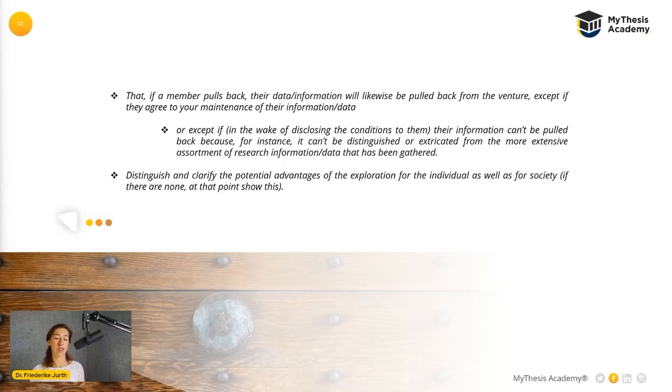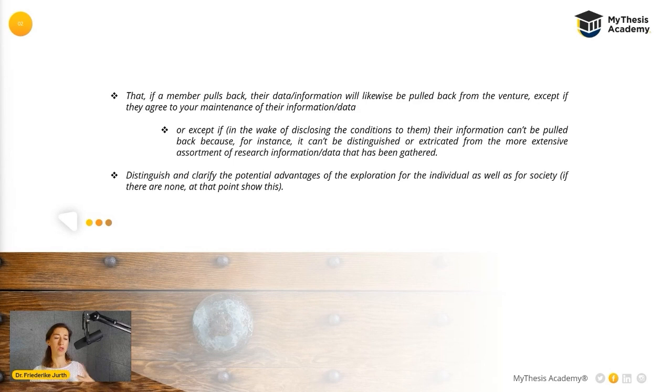Here we are dealing once again with the question of pulling back, because this is really one of the most delicate issues. What happens to the material? And this is something that we already focused on.